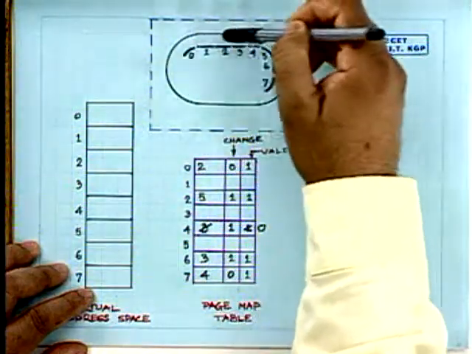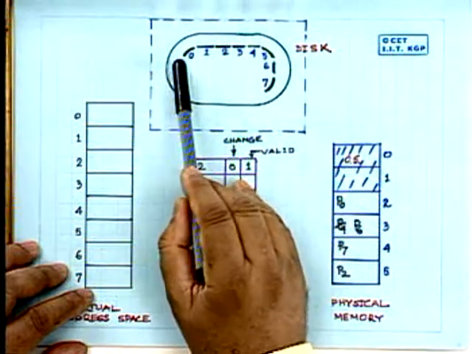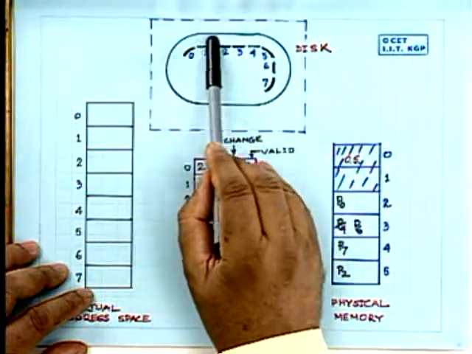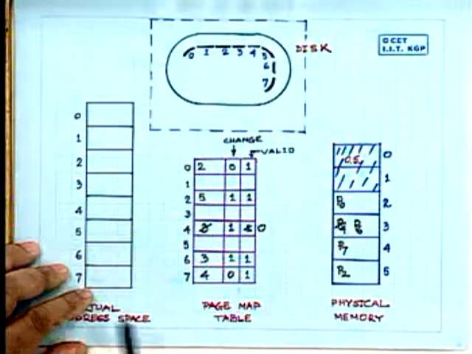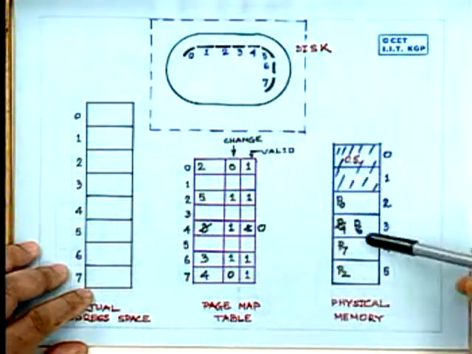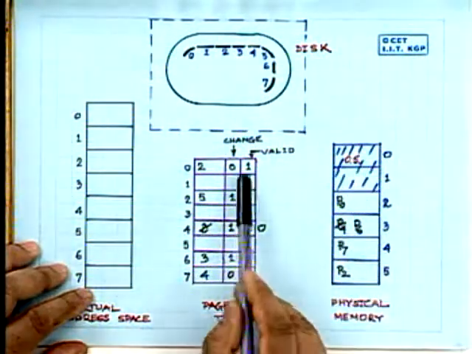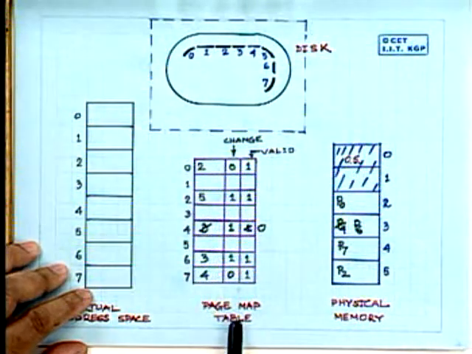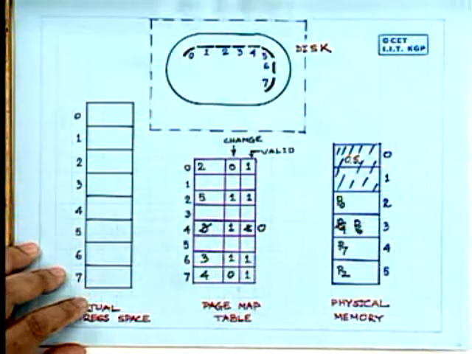You keep that entire copy of the program or the process in the disk. You bring only the relevant portions into the memory. That is reflected by the status of the page map table, and you start executing it.